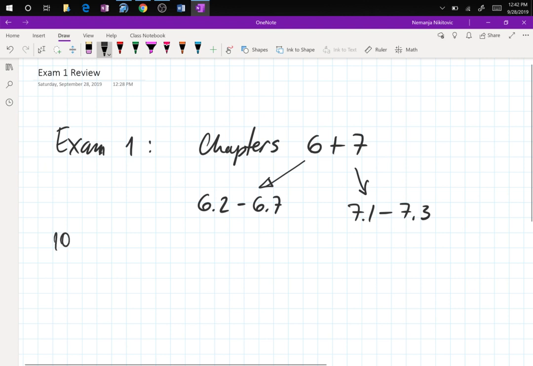You're looking at 10 problems and 80 to 85 minutes to solve those. So technically you have about 8 minutes per problem, which is a lot, but again, time to check, time to think, and so on.